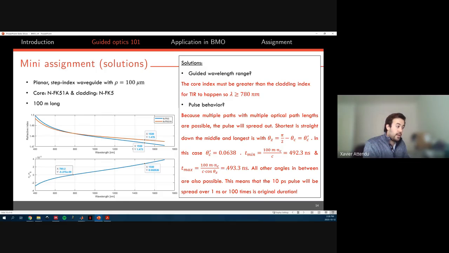If you're sending, let's say, 10 pulses, and each one of those pulses is 10 picoseconds long and separated by 10 picoseconds, if you use this kind of waveguide, then those pulses are going to spread out so much that you won't be able to tell the difference between them, and therefore you can't recover the binary information that's being sent.